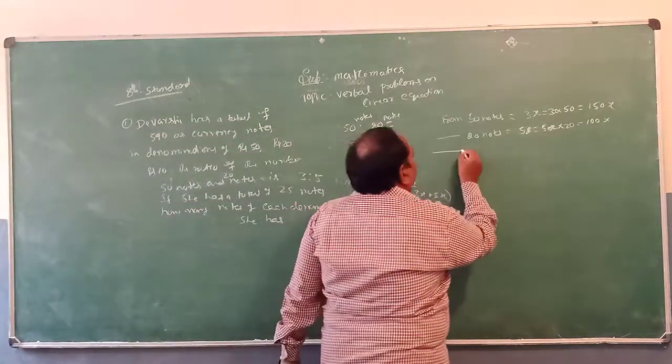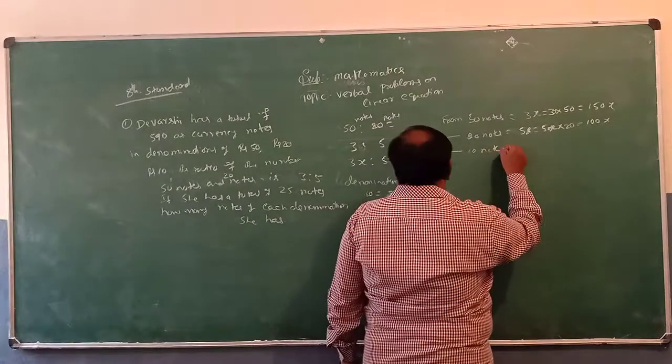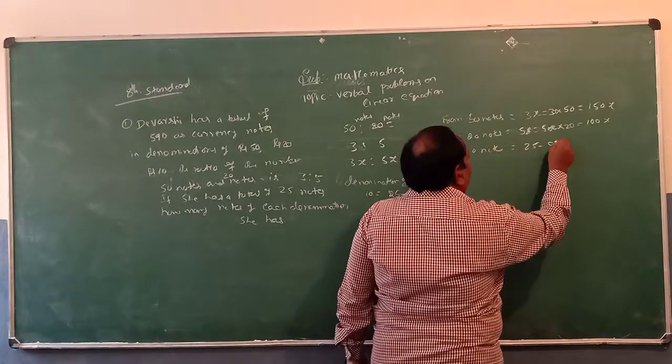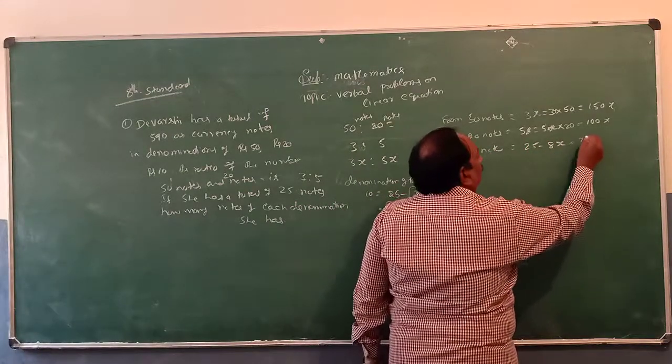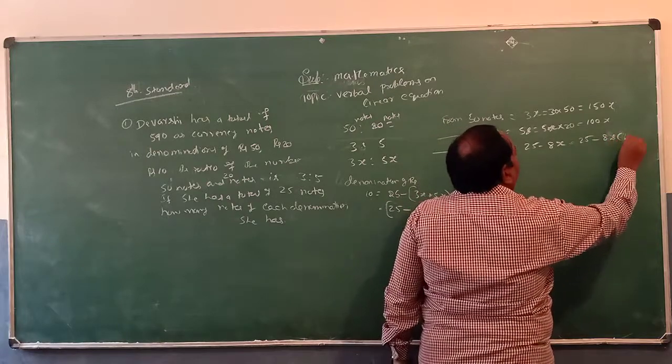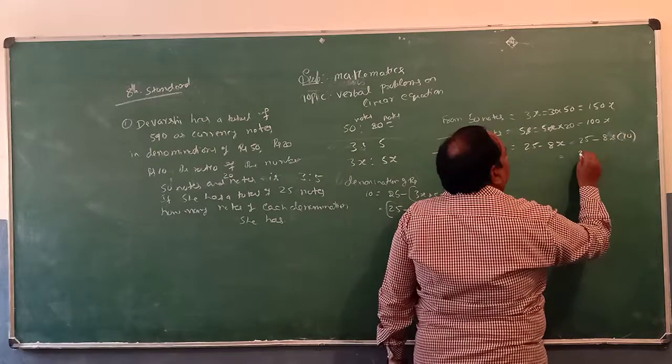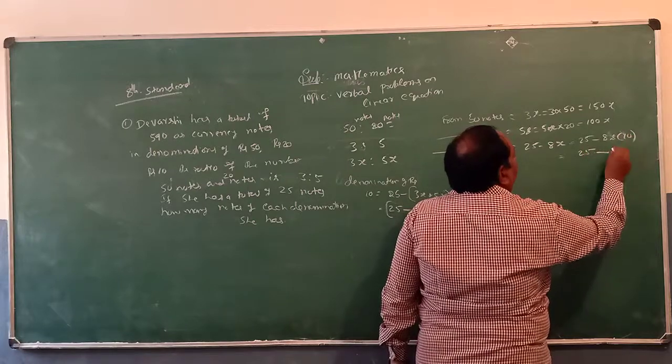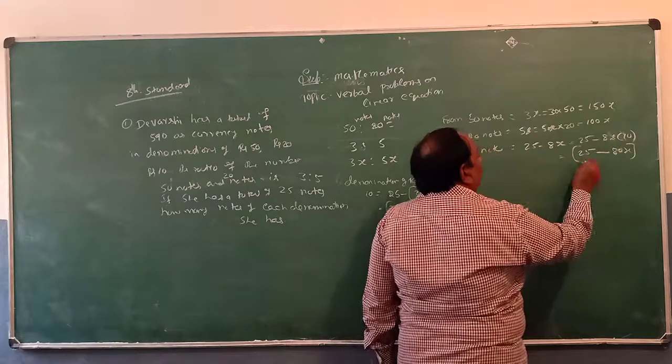Then the number of 10 notes is 25 minus 8x. 25 minus 8x into 10, that is 250 minus 8 tens are 80x.